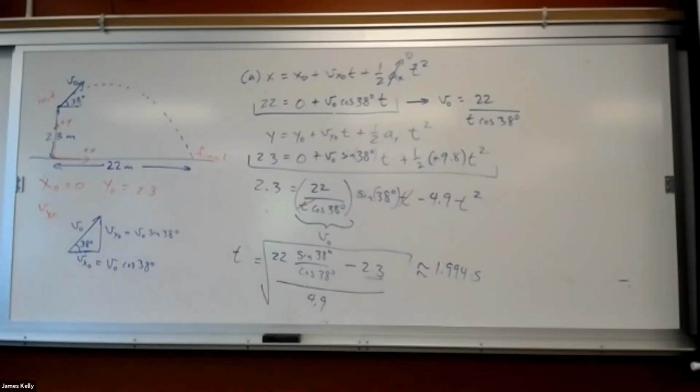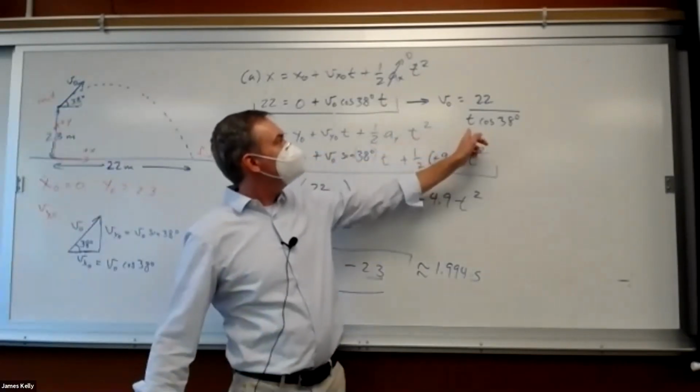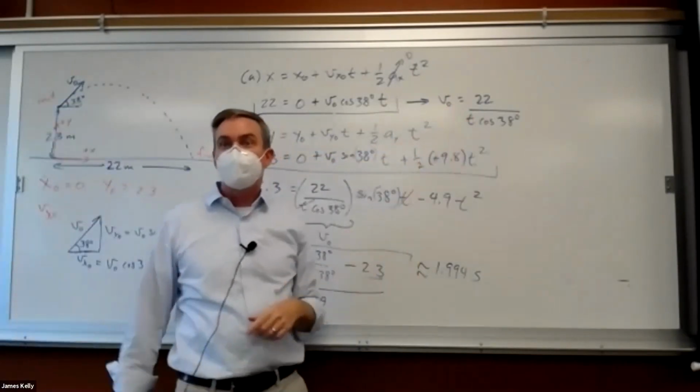How am I going to figure out B? I claim if you look at the work on the board, you're all but done with B. Why is that? Yeah, we've got an expression for V0 right here, and we just figured out what T was, so that's good.